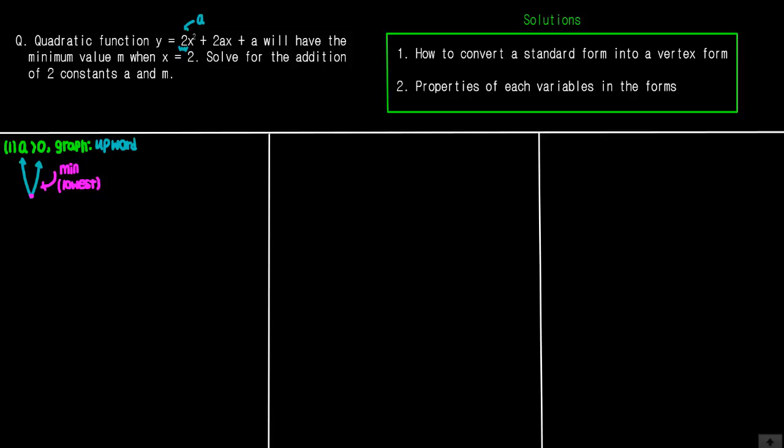The second case of our quadratic function form is the case where the a, our leading coefficient, is less than 0. Which means when the a value is negative, the graph of our quadratic function will go downward, or we can say opens downward.